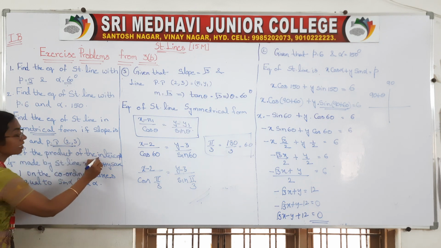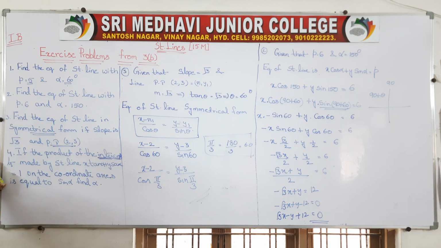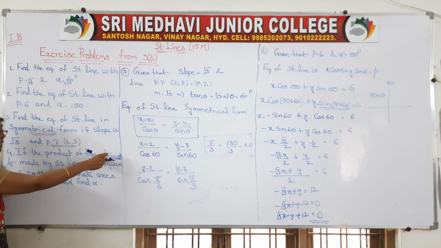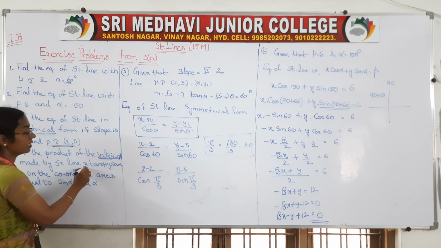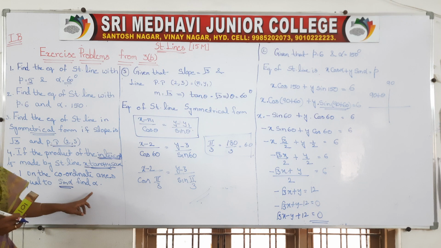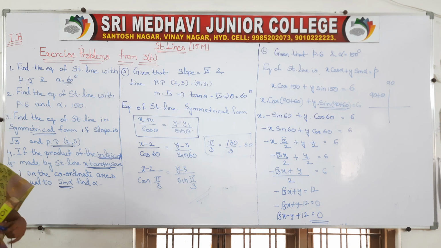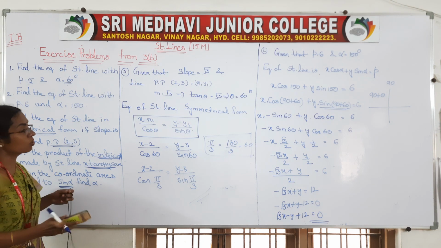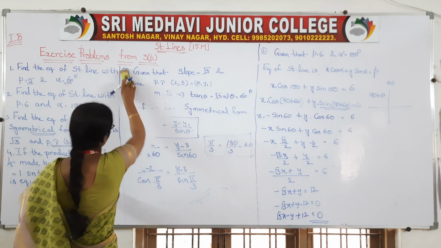Product of the intercepts. See, this is the important thing. Intercepts made by this straight line, right? So we have to multiply the intercepts of this line, then that value is equal to sin alpha, then find the alpha value. This is again an important question, so we will solve that problem now.